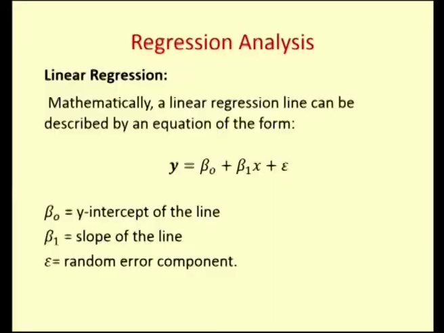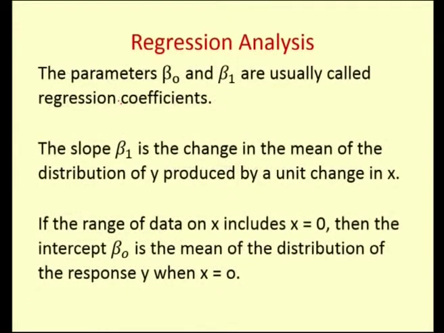Beta naught and beta 1 are constants and they are unknown. Here epsilon is assumed to follow normal distribution with mean 0 and variance sigma e squared. The parameters beta naught, beta 1 are called regression coefficients.